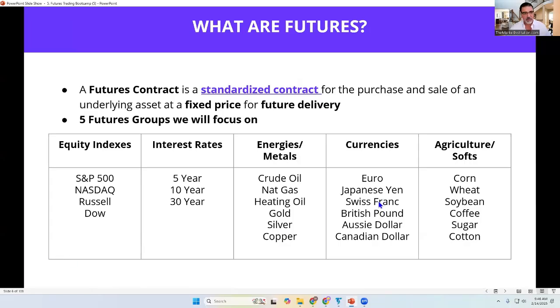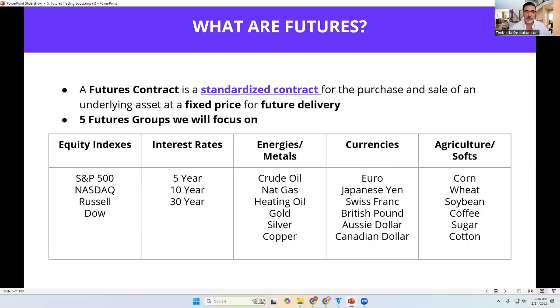So currencies, equity indexes, and interest rates are more the financial products, whereas energies and metals, agriculturals and softs would be our commodities. Now, the difference between the two is that the financial related futures products' contracts expire every quarter, whereas the commodity related ones tend to roll out or expire every month.